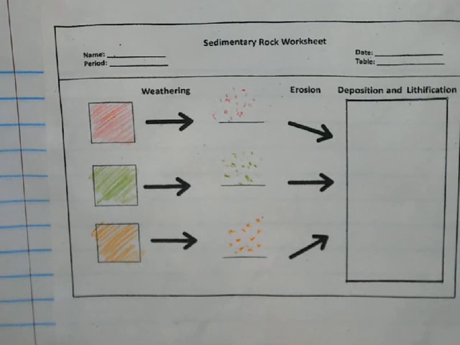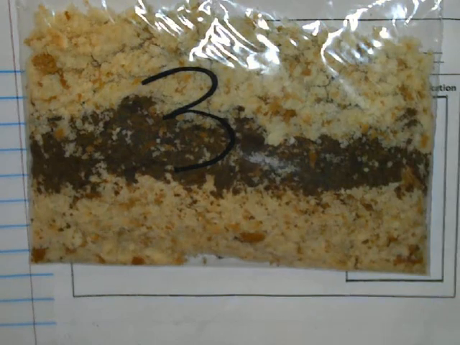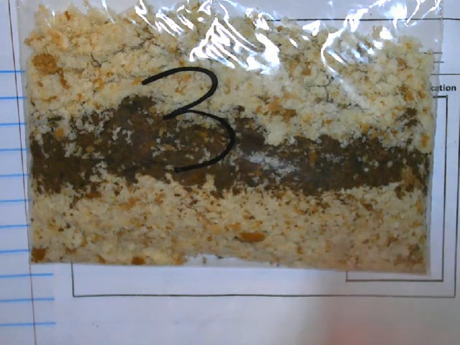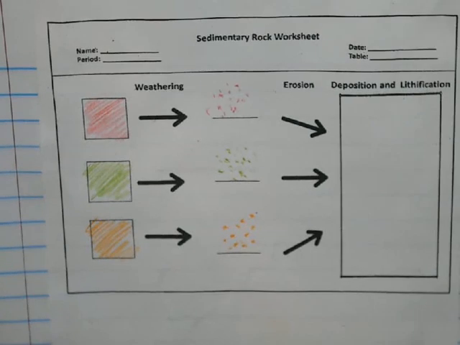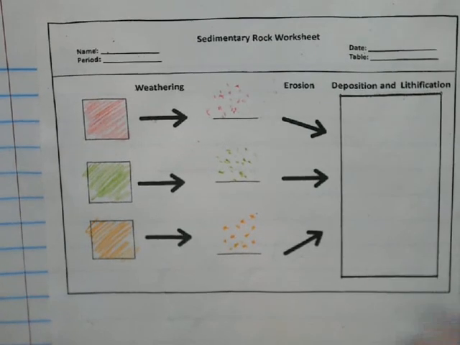Then, you had to press down on it, right? You applied pressure, and you were left with something that looks like this. And you used some really, really good words to describe your finished product. Does anybody remember what words they used? How did you describe what sedimentary rock looks like? What was a key word you used? Shimmering. Yes, layers.